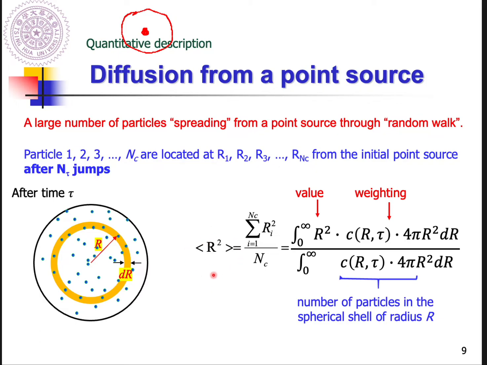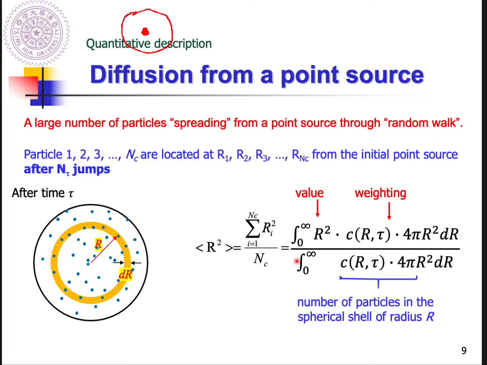So how do we get the mean square displacement? What is the mean square displacement? You take the capital R squared from 1 to N_C and divide by the total number of particles N_C. This is the definition of mean square displacement.